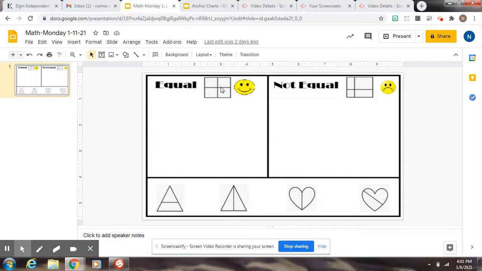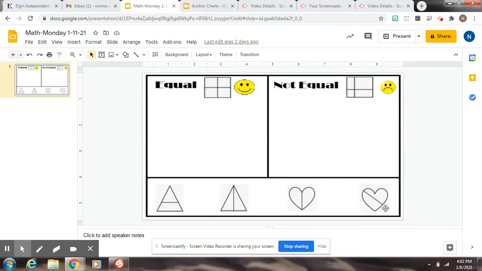Everybody's getting the same size, right? This side says not equal because some of them are getting big pieces and some of them are getting little pieces. And not everybody's going to be happy, right? They're going to be sad because this person's not going to be happy because they're only getting a little bit.